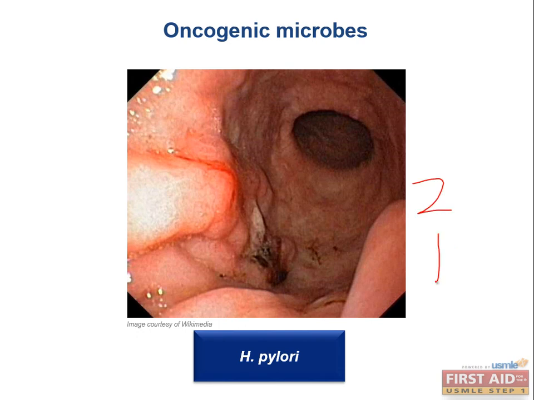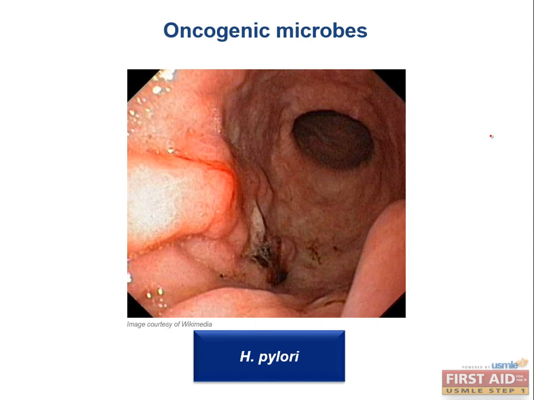Now remember MOC, COA, because this is a helpful mnemonic for remembering the antibiotics. The O stands for omeprazole, which is a proton pump inhibitor. The M stands for metronidazole, and C for clarithromycin. And the A, I believe, for amoxicillin.